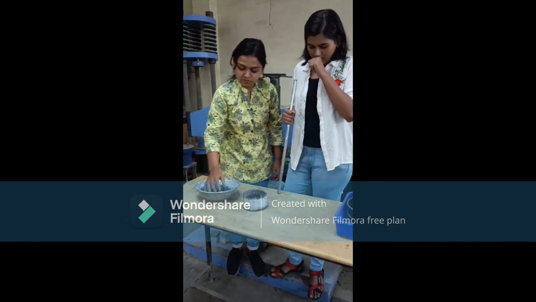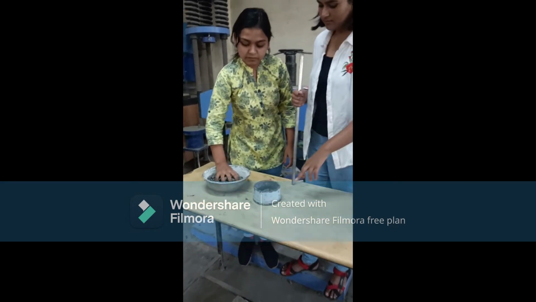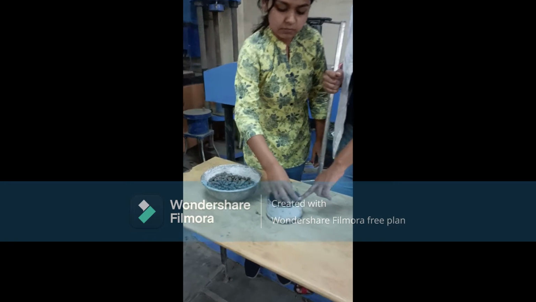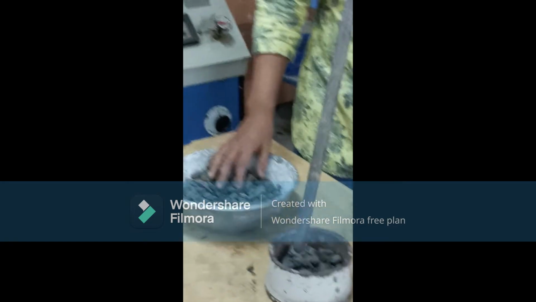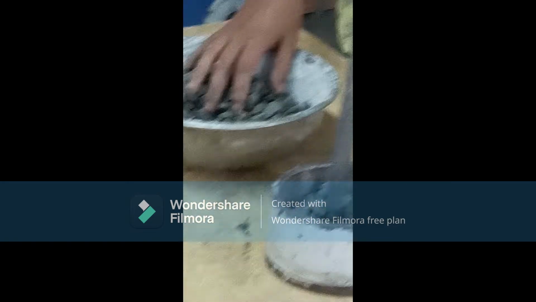Now the aggregate should be filled in 3 layers in the cylindrical measure and each layer is tamped 25 times with the tamping rod.